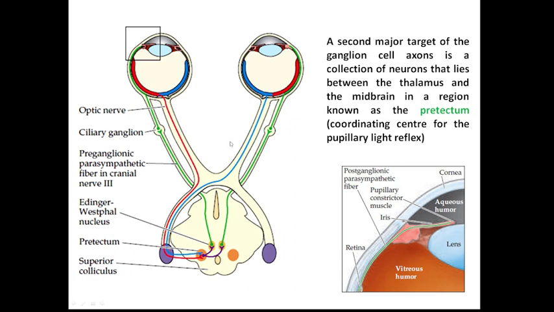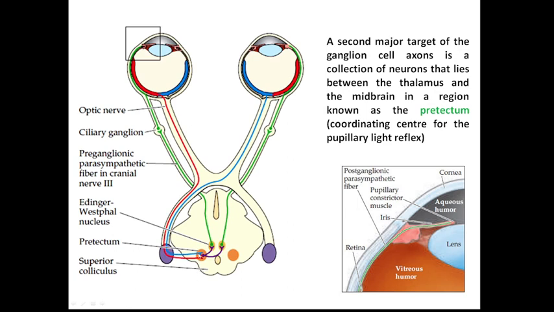Now let us see the other important collaterals, that is, the connections coming towards the pretectum of the midbrain. The second major target of the ganglionic cell axons is a collection of neurons that lies between the thalamus and the midbrain, and this region is known as the pretectum.